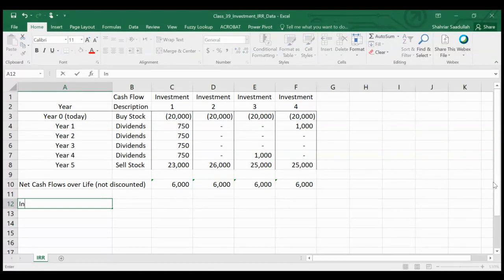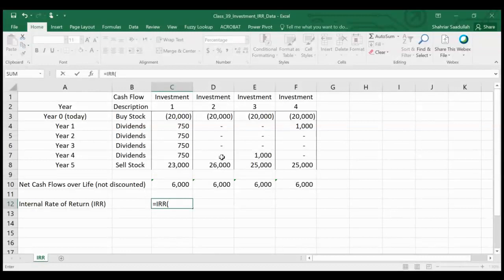So we are going to type in internal rate of return, which is IRR for short. And we're going to insert the formula here, which is equal IRR, parentheses, and first investment we have C3 colon C8.